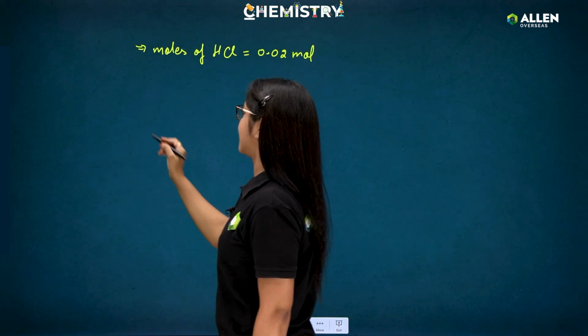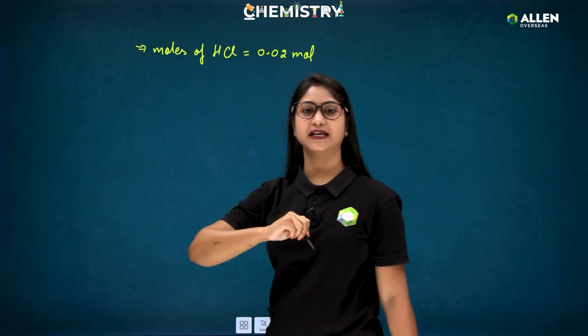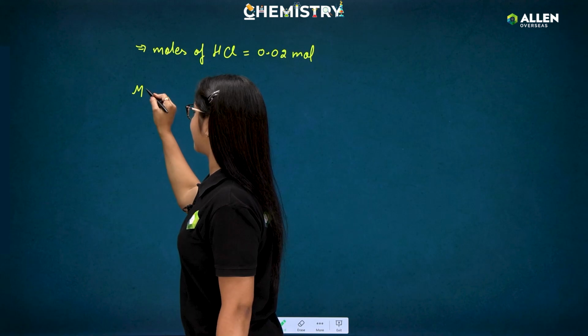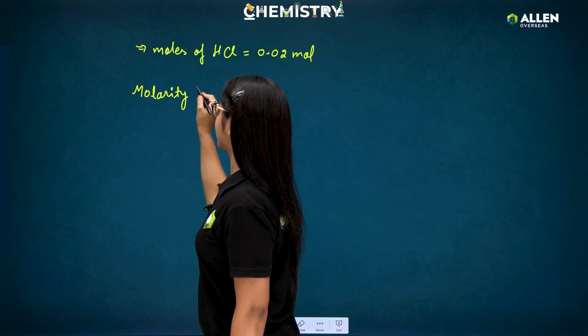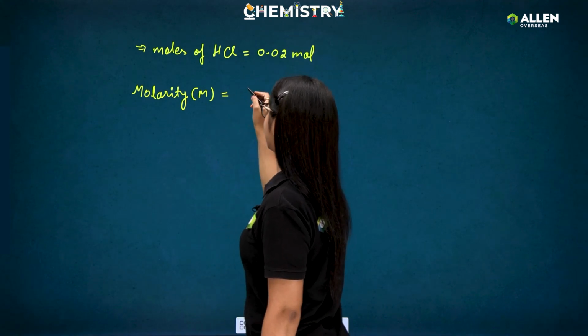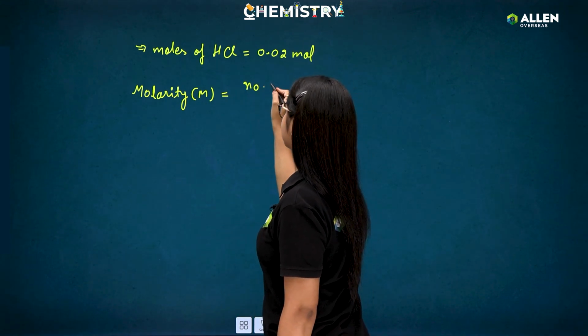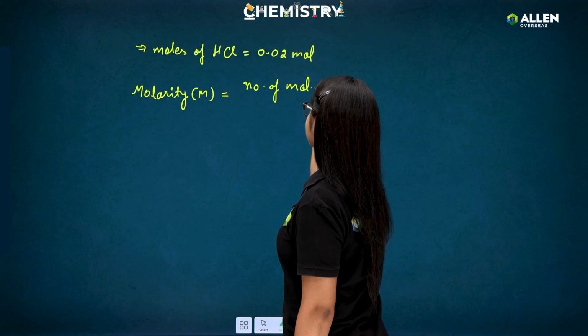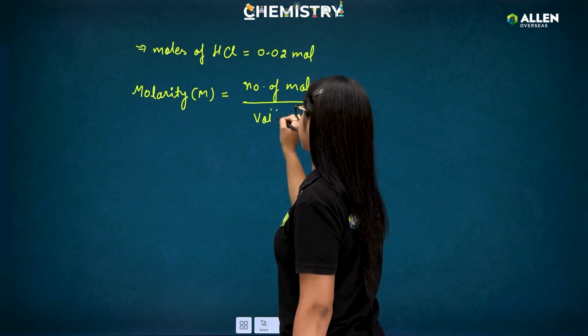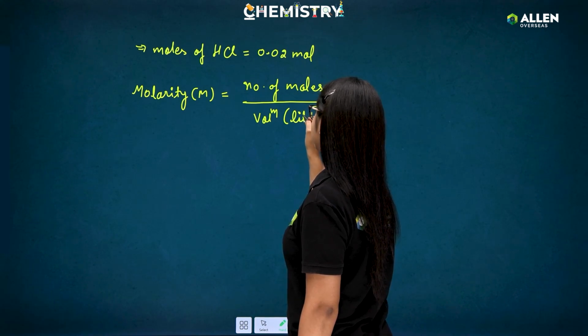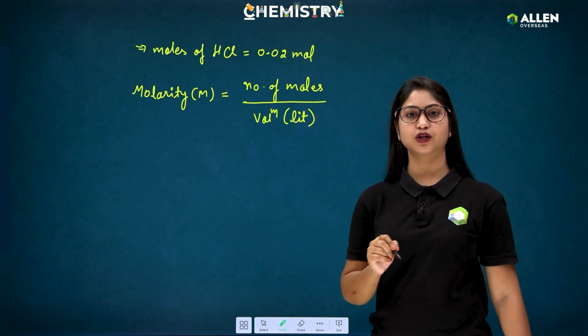And what is the relation between molarity and number of moles? Molarity, capital M, equals number of moles divided by volume in liter. This is the formula for molarity.